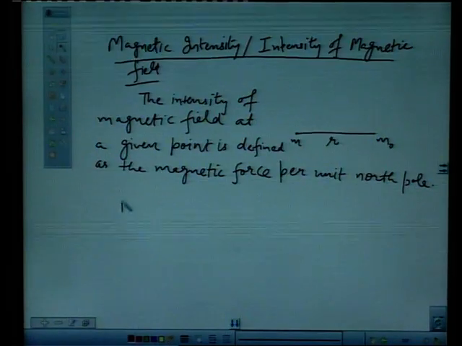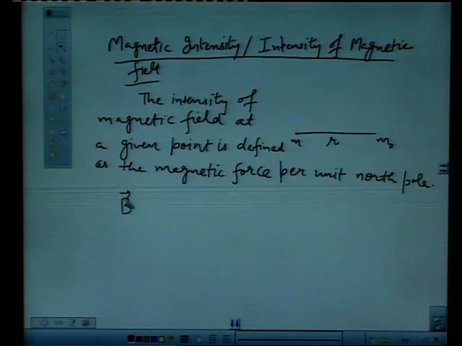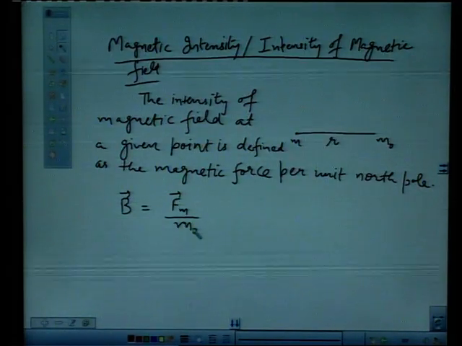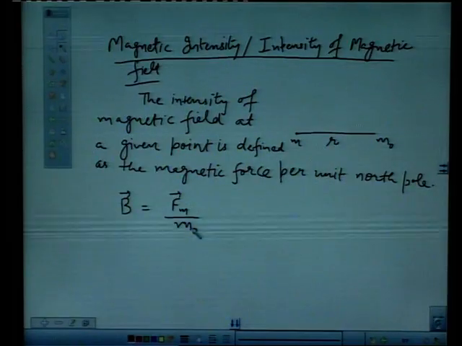So, magnetic intensity is denoted by B vector. This is equal to magnetic force per unit magnetic north pole.